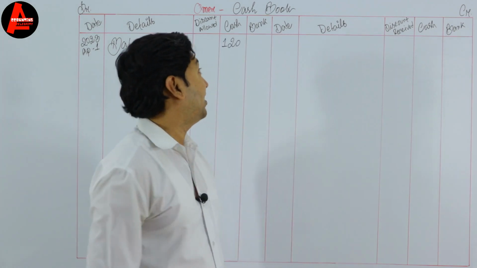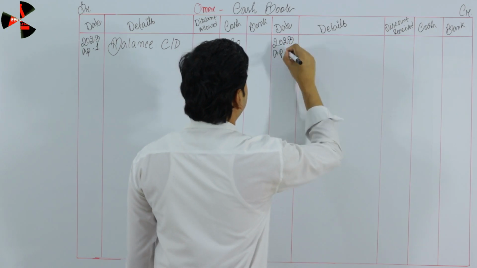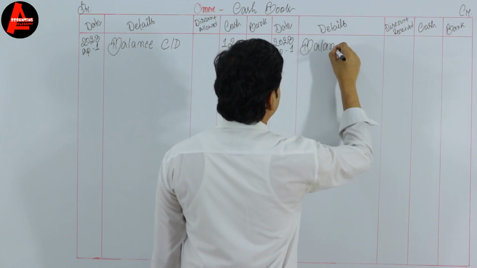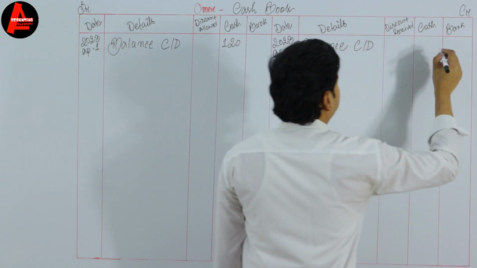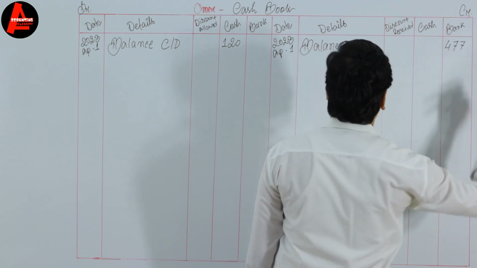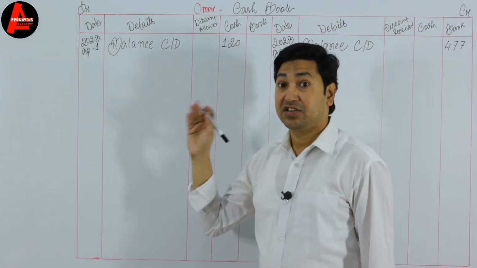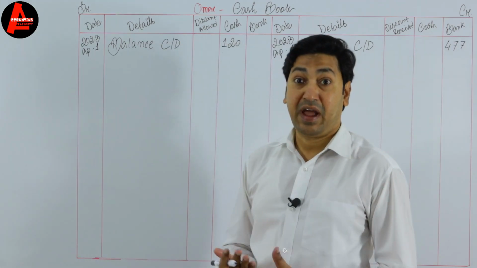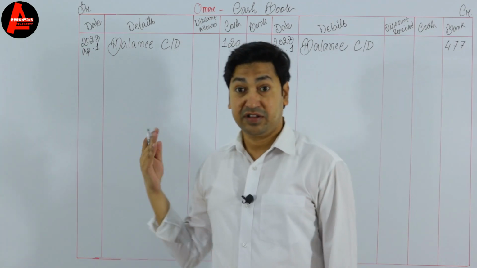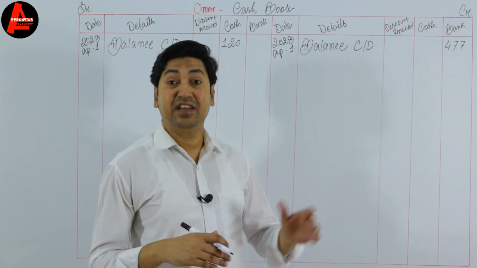So let us write the date 2023 April 1st, the same balance carried down, and 477 as given in the question. What you learn here: the cash balance is always on the debit side, but the bank opening balance depends. It may come on the debit side and it may also come on the credit side.